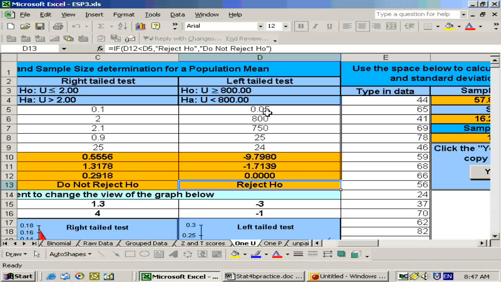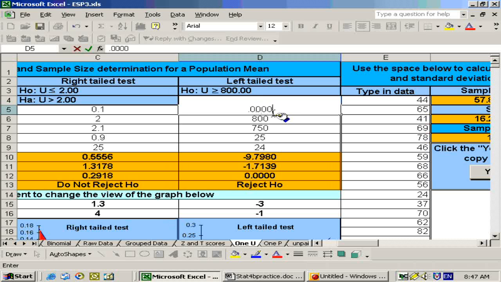But that's going to be less than any standard alpha level that we would use, even 0.0001. So we would reject this at any alpha level, to tell you the truth. So we could say even clear down to the 0.00001 alpha level, I was able to show that the average cost of vacation is significantly less than $800.